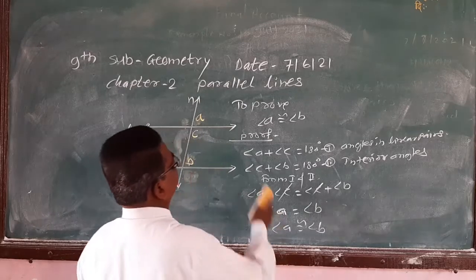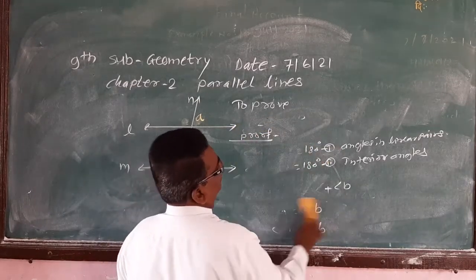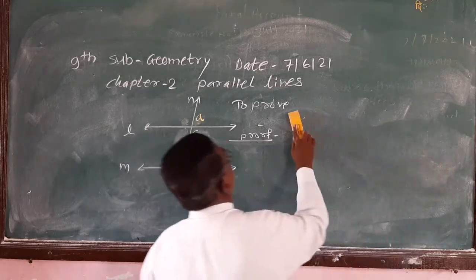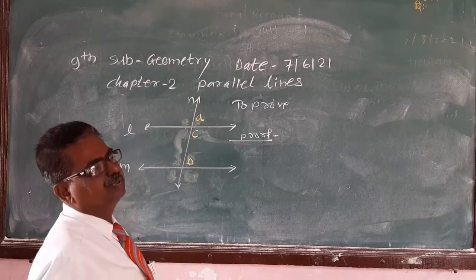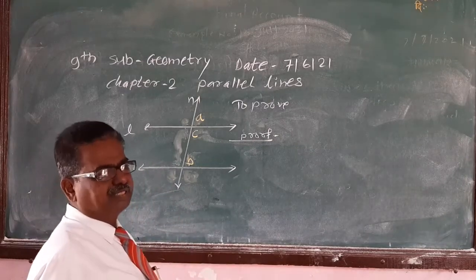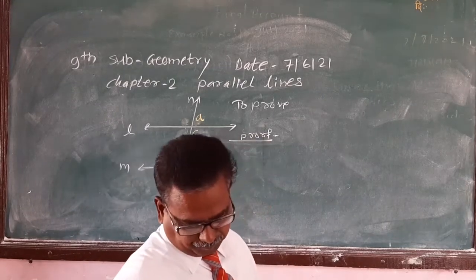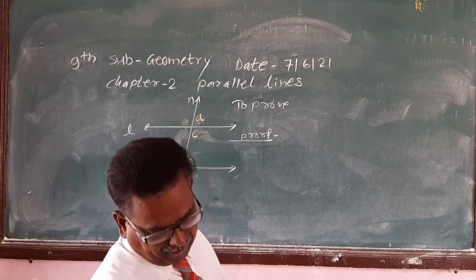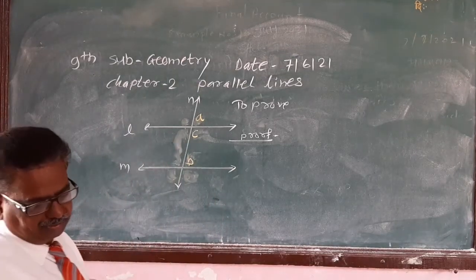Next theorem here: alternate angles are congruent. If a transversal intersects two parallel lines, then the alternate angles formed by the transversal are congruent.